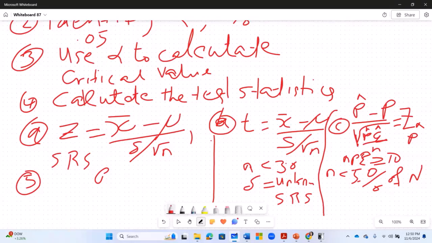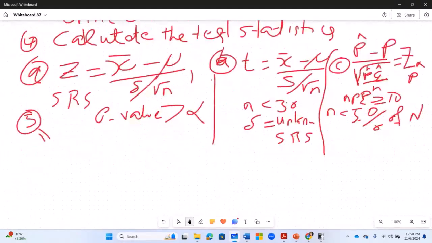Calculate the p-value. If the p-value is less than alpha, reject the null hypothesis. Otherwise, accept the null. Okay, number 5, conclude in non-technical terms.